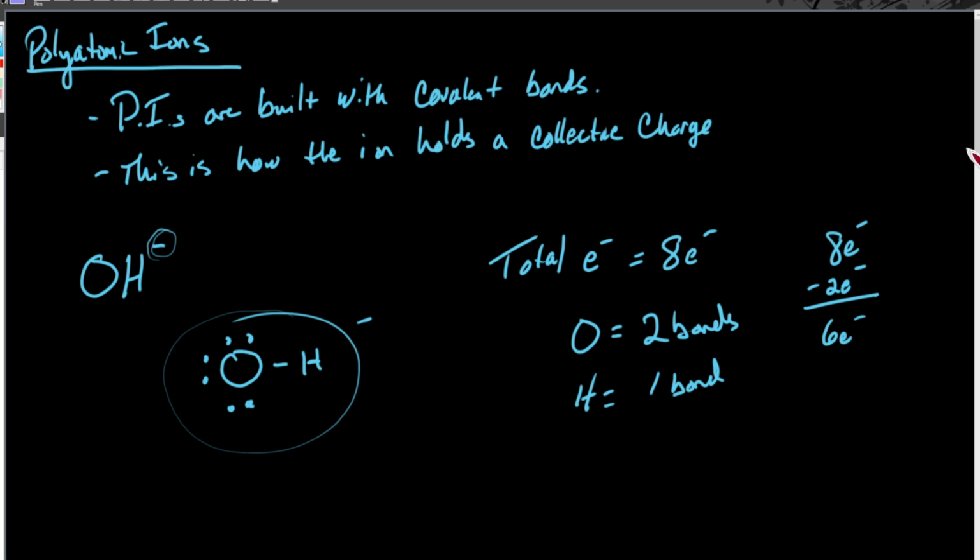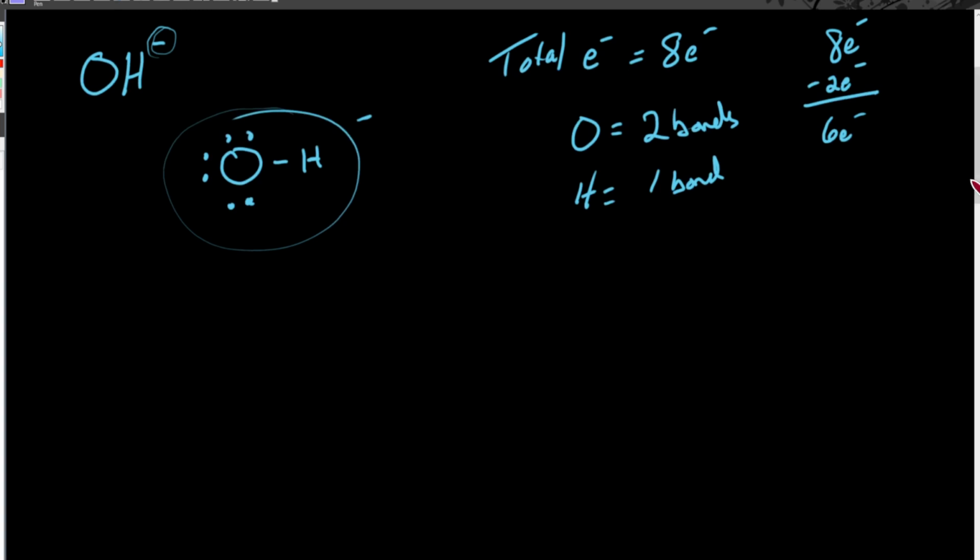Let's do a new one. This time we're going to try PO4 3-. There's going to be a lot more electrons for this one. So how many electrons total do we have? Phosphorus is going to give us 5 electrons because it's right below nitrogen.